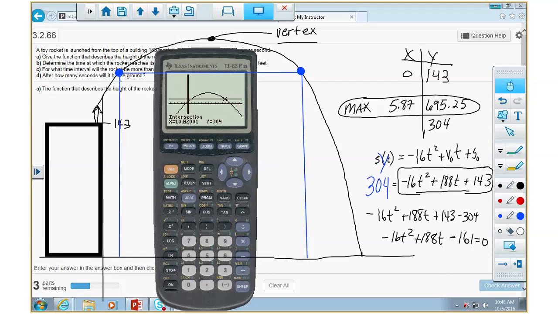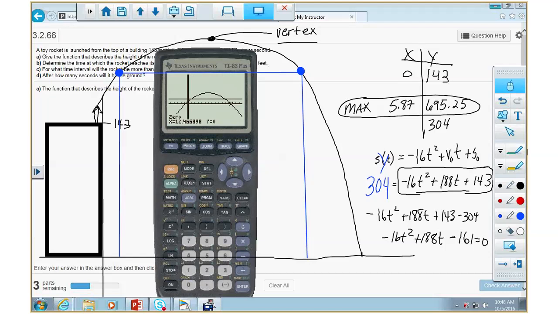After how many seconds will it hit the ground? Right here. Intersect, right there. Or you can hit second function, calculate, and that's your 0. Left bound, you know it's hitting right around there. Go back, right around there, it's hitting the x-axis.